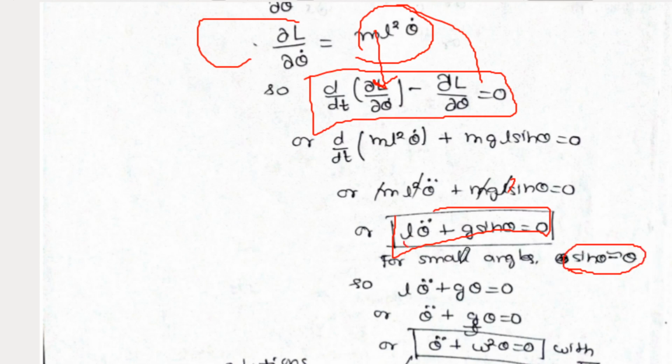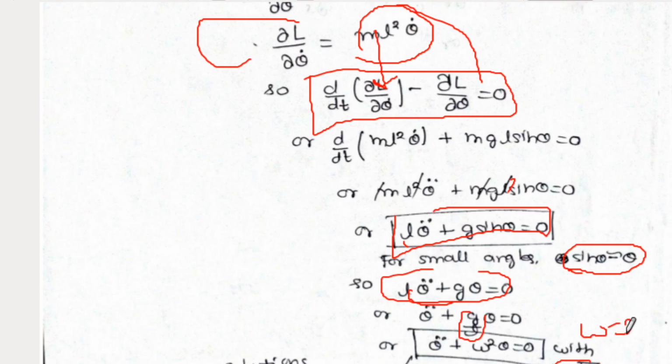So the above equation becomes this, and when you take this L in the denominator, this becomes this, and we can define a new variable omega, which is equal to the square root of g by L, and this omega is the angular frequency.